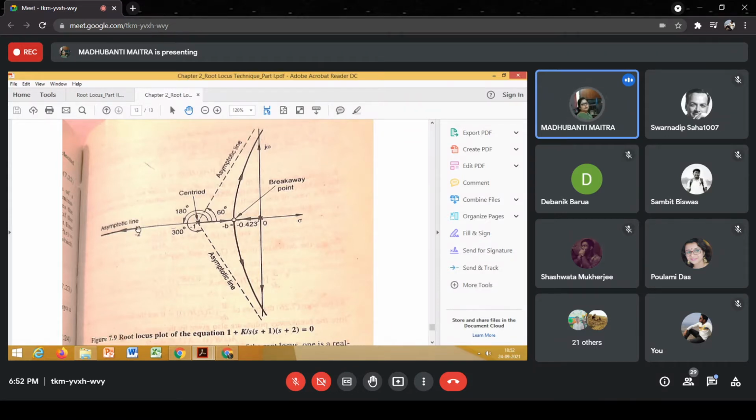The third root branch will originate from minus 2, and it will tend towards infinity along the negative real axis, right? So it's apparent that this system will have one single breakaway point, located on this particular segment. You get my point? Yes, ma'am.